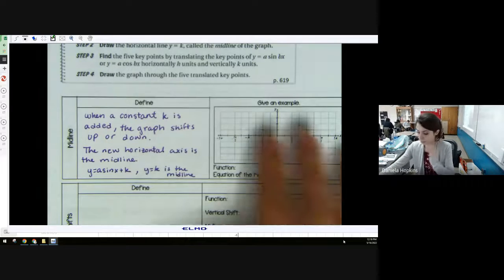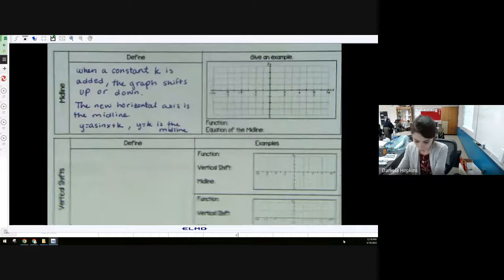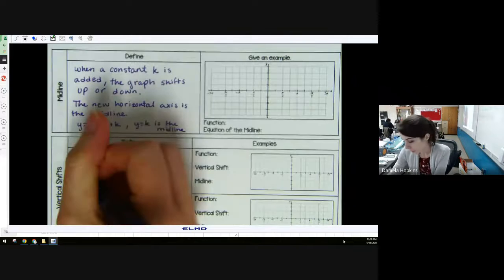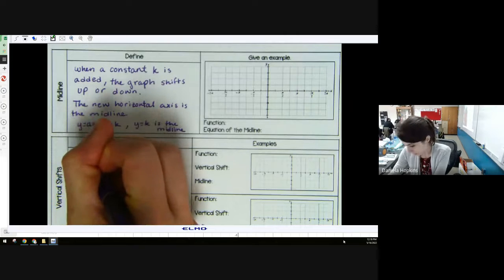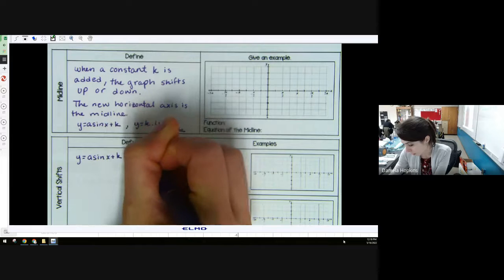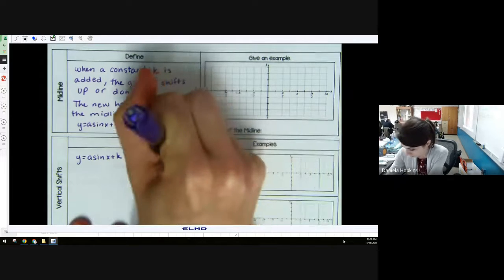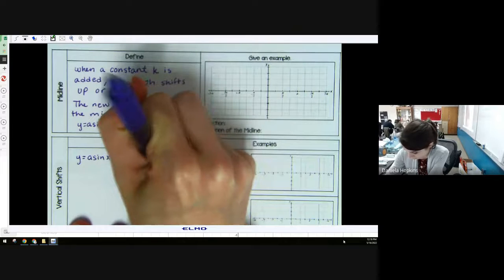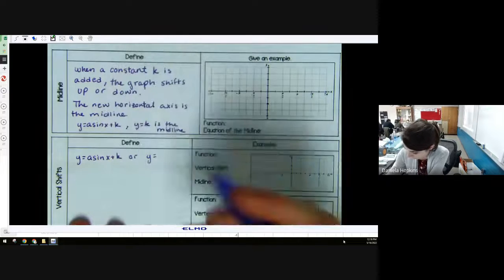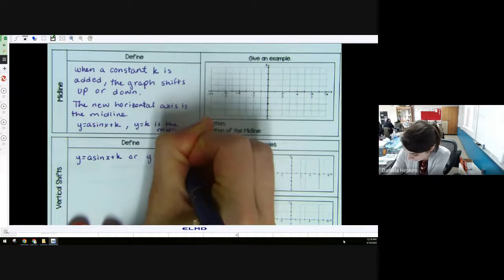I don't know why they split them into two boxes like this, but we'll just do it. So basically, you're going to see the function either y equals a times sine of x plus k, or y equals a times cosine of x plus k.